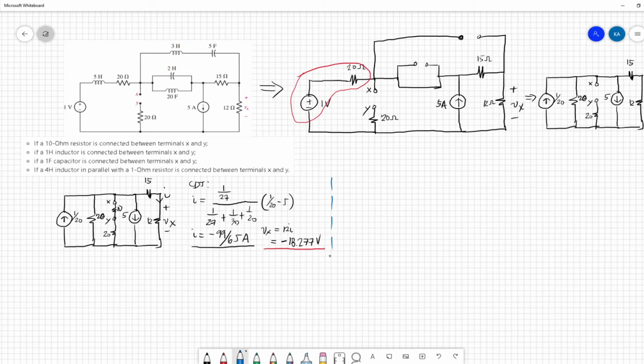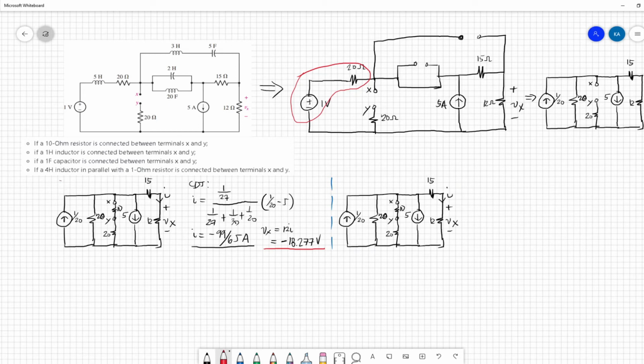Next case, if a 1 Henry inductor is connected between terminals X and Y. So using this circuit, we have A, we have B. So if a 1 Henry inductor is connected, at DC condition, an inductor is just equivalent to a short circuit.